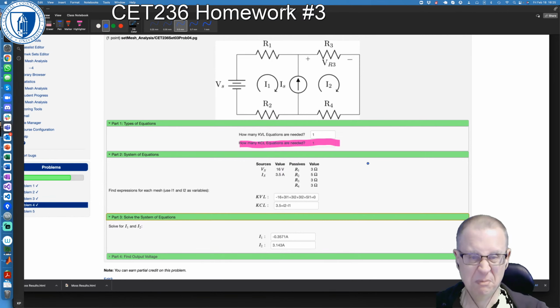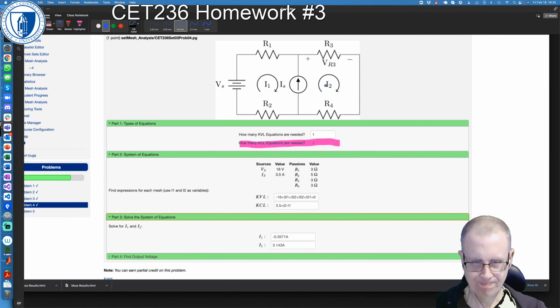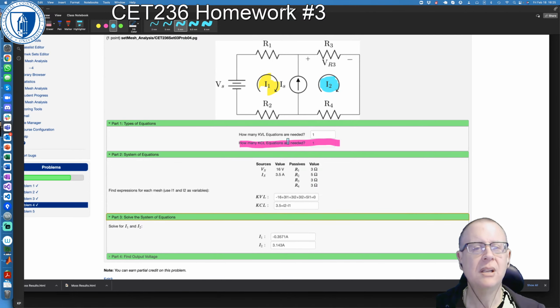And this one, even though it's not a dependent source, it still has both I1 and I2 flowing through it.